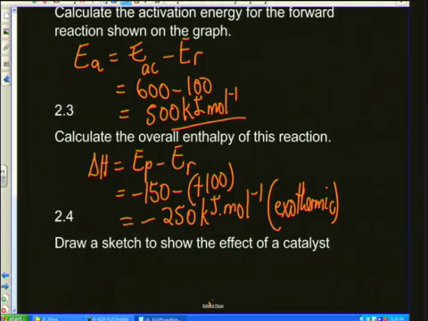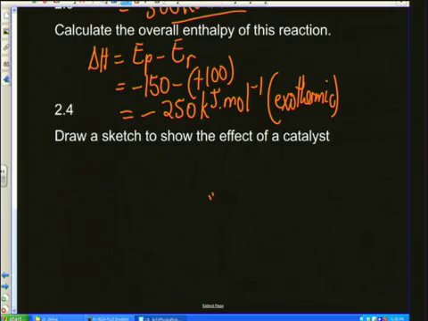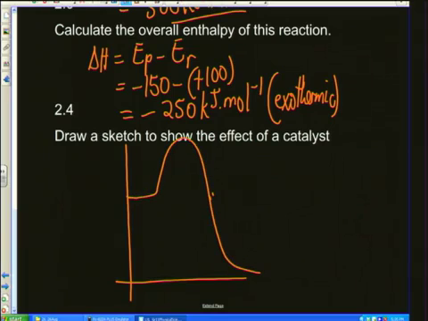Now, draw a sketch to show the effect of a catalyst, okay? We know with the effect of a catalyst, if I'm going to use an exothermic type of reaction, okay, reactants there, products there.